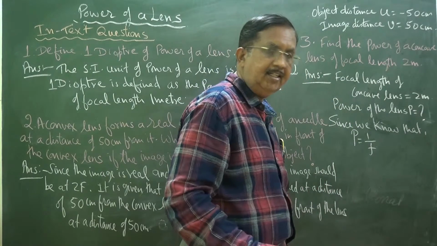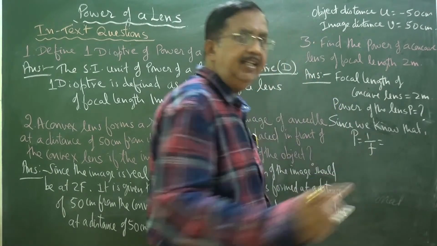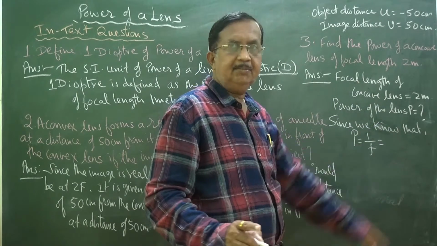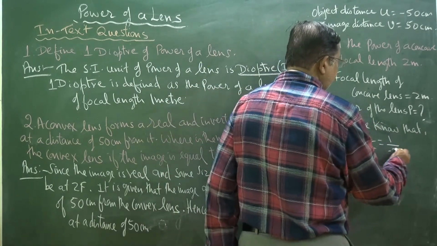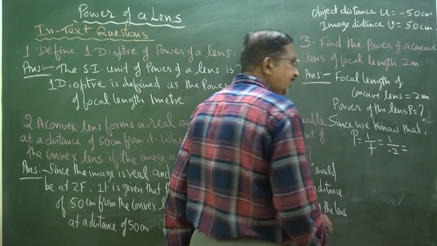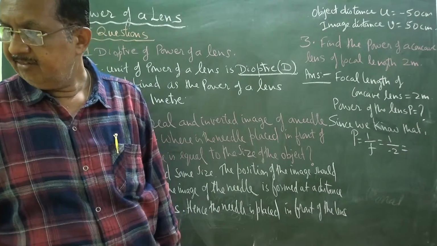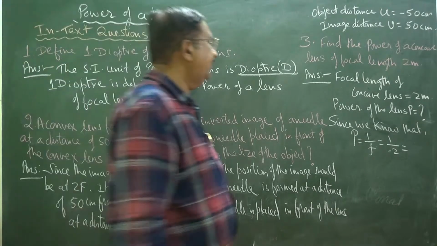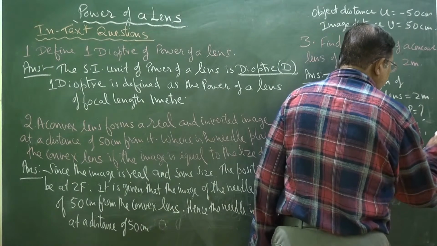I told in the beginning, concave lens means minus power. So 1 by minus 2. Everything is just you divide it. 1 by minus 2 is minus 0.5 diopter.